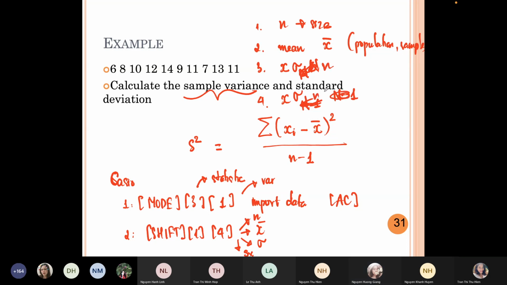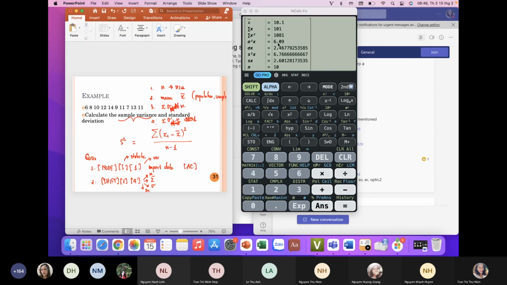Cô cũng không chắc lắm đâu nên là em sẽ thử chọn vào cái giá trị số 3 này đi. Em thử chọn vào giá trị số 3 đấy xong em xem nó là cái nào. Em so sánh xem nó là cái nào trong các cái giá trị này. Nó là sigma x ạ. Sigma x đúng không? Vâng, bằng với sigma x. Sigma x thì chính là gì? Standard deviation.